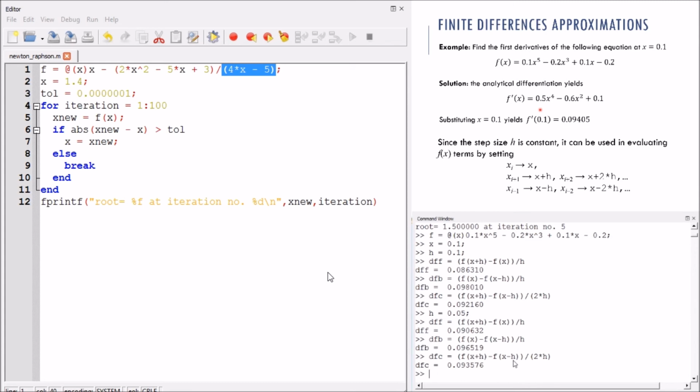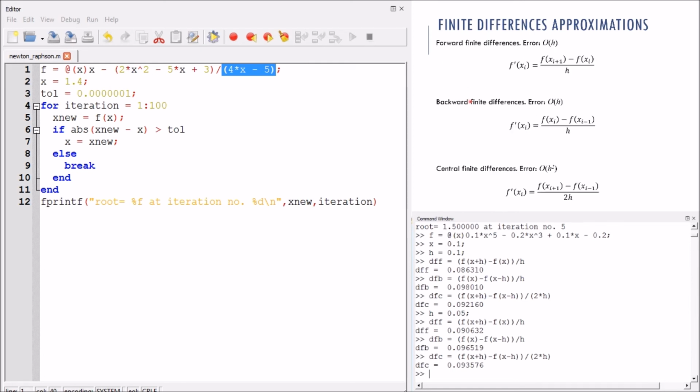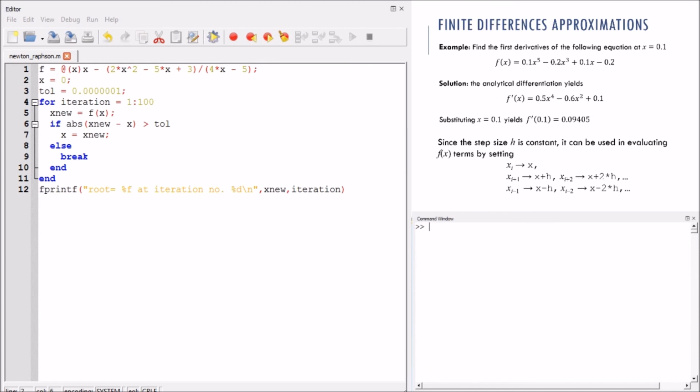Now, again, we notice that the central finite difference yielded the best solution. For this reason, we will choose to use the central differences method with the Newton-Raphson method in order to solve the higher degree equations.